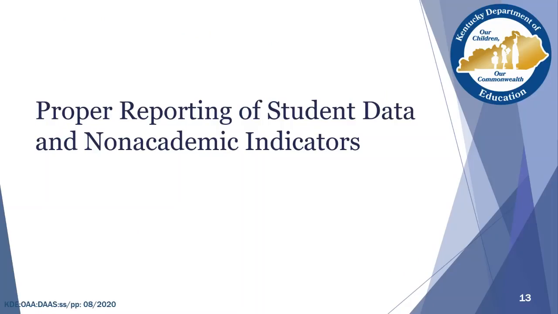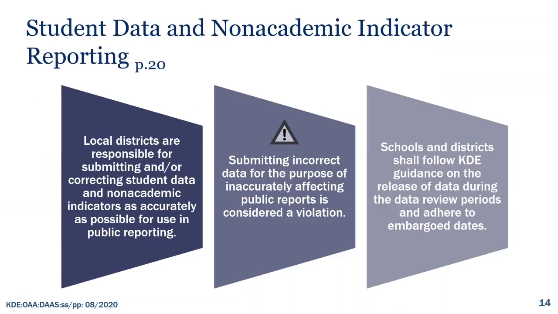There are a few more parts of the state assessment and accountability system: reporting student data and non-academic indicators. Non-academic information submitted to KDE is expected to be as accurate as possible at the time of submission. However, there are opportunities to correct errors that are discovered, and that's during the data review process.